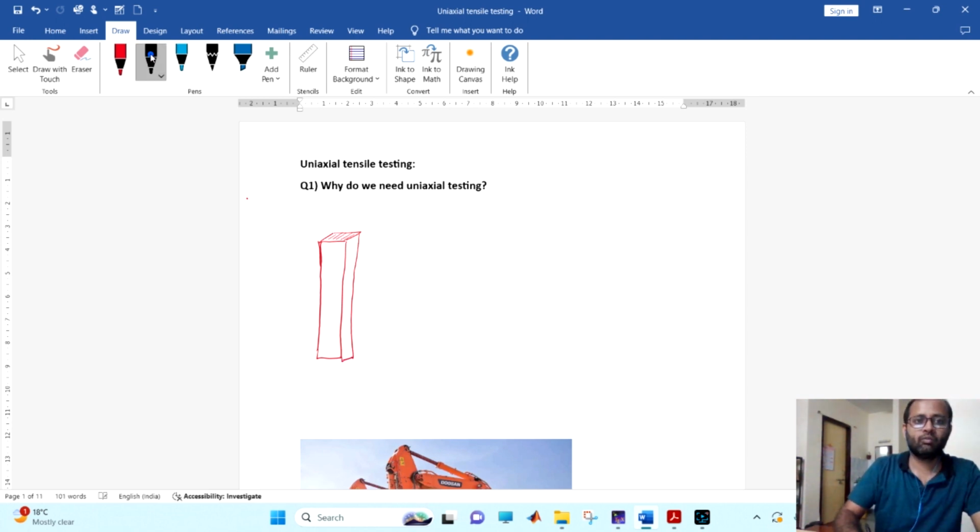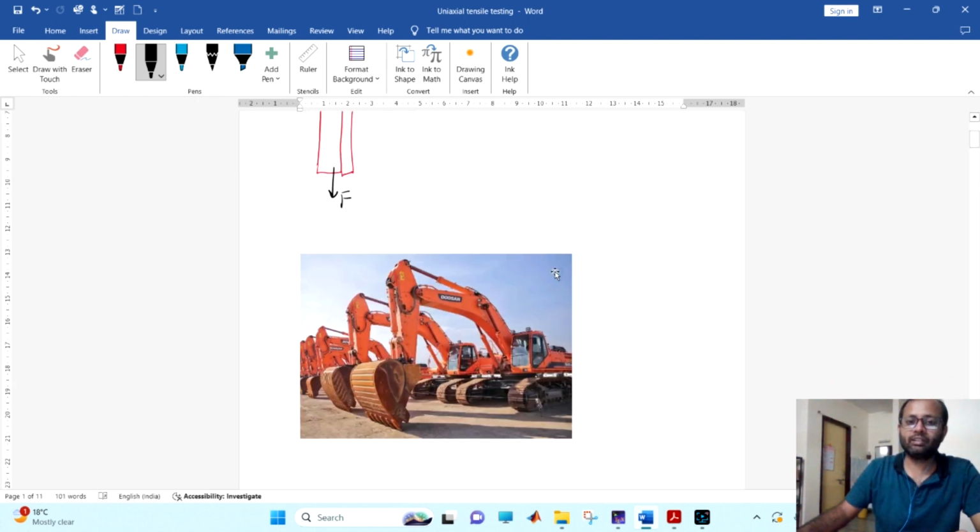When this sample is subjected to a force F in one direction only, that is uniaxial loading. In this case, we are doing the testing. But in real cases, this is not the case.